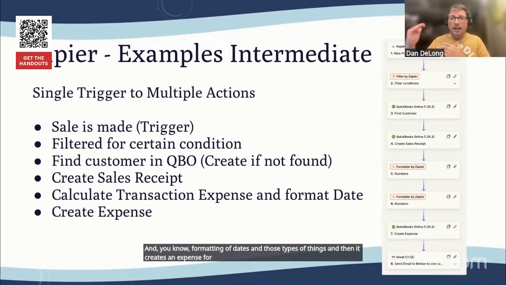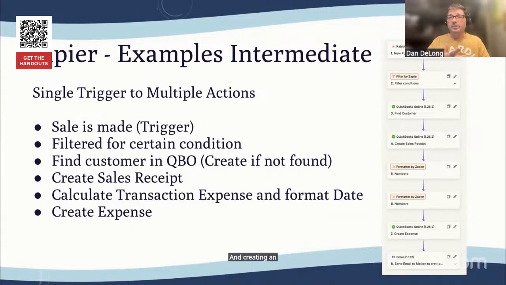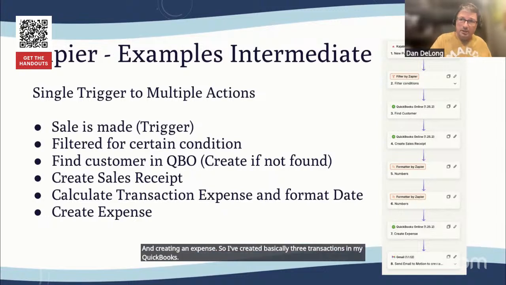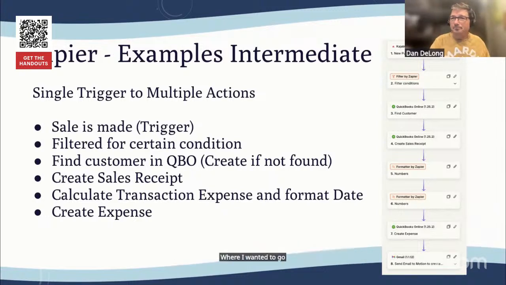So one action of a sale being made on my website is now adding the customer, adding a sales receipt, and creating an expense. So I've created basically three transactions in my QuickBooks from one action, right?